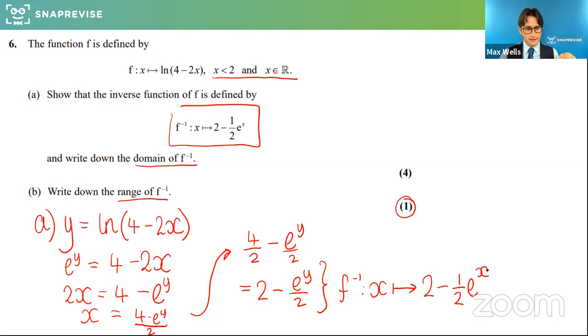So e and natural log of x, ln and e, are inverse functions of each other. If you haven't seen those before, understandably, that step will be quite strange and confusing. But it's like how sine and arcsine are inverse functions, and x squared and square root of x are inverse functions.